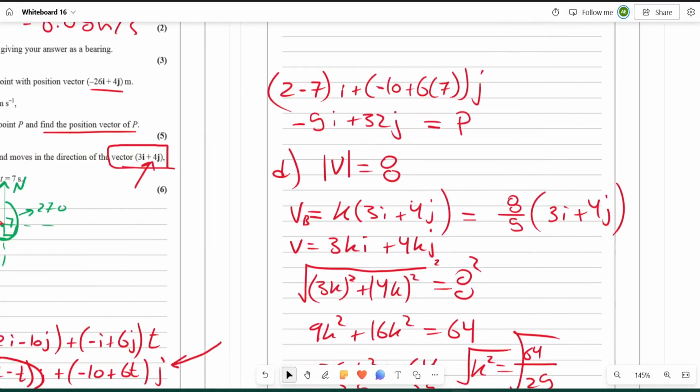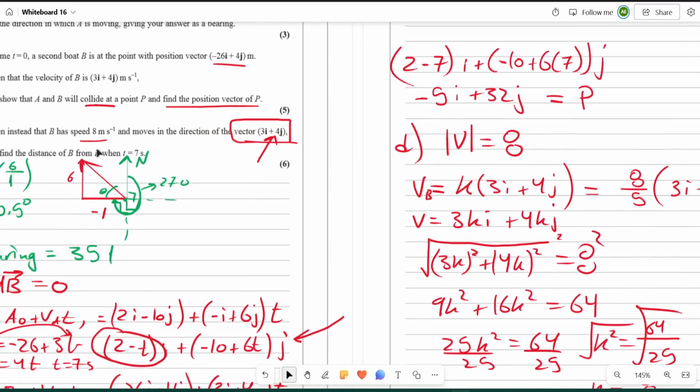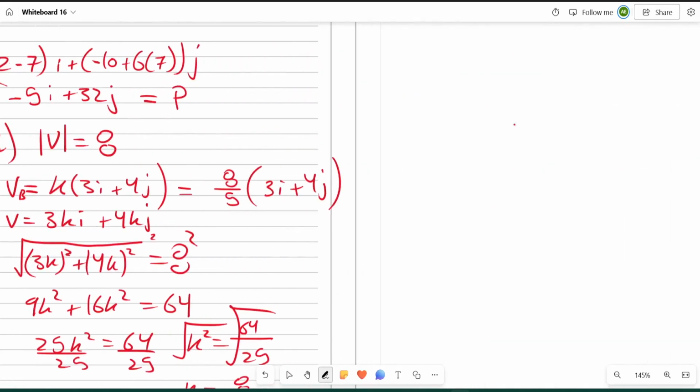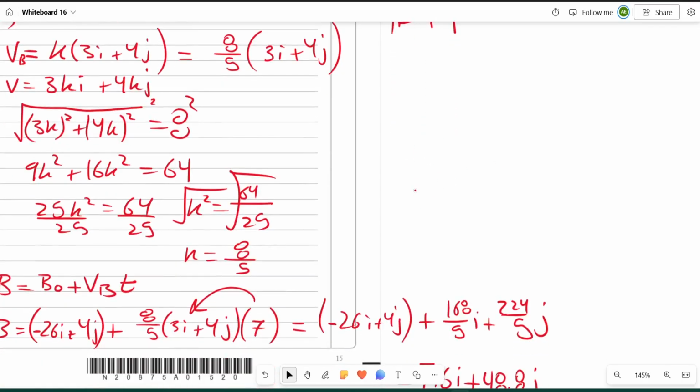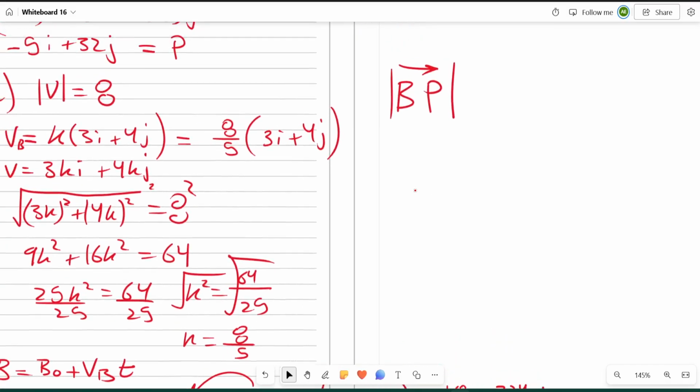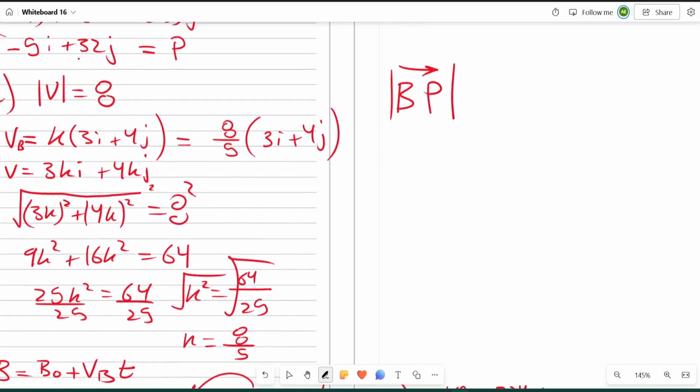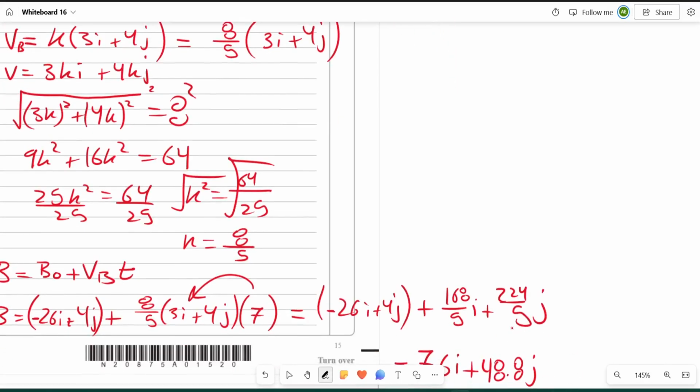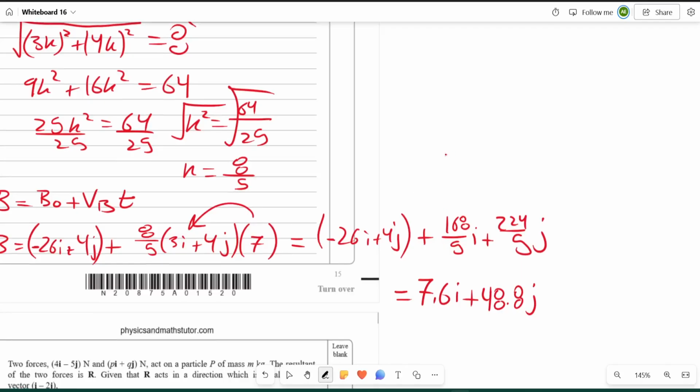Okay, so now to find the distance of B from P, what we do is we need to find BP, this vector, and get its magnitude to find the distance. So BP means the vector or the position P minus B. So what I'm going to do is rewrite P over here.